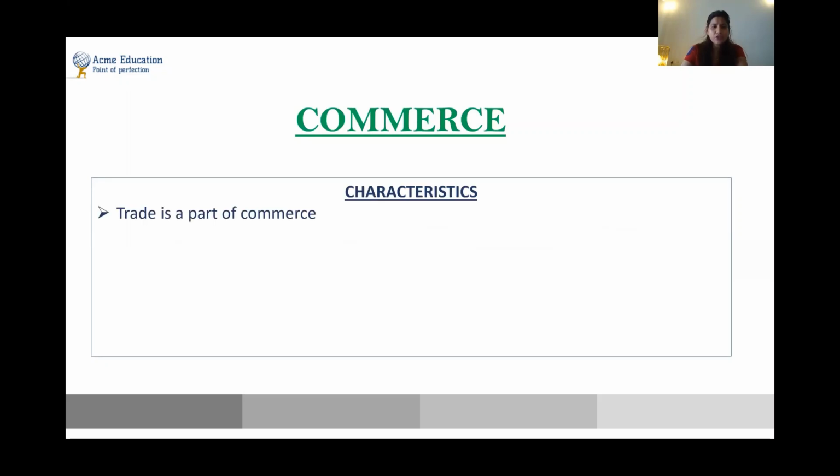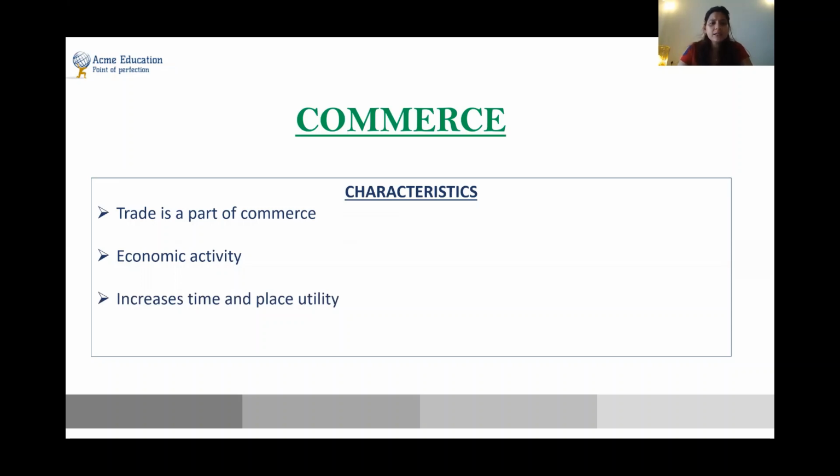Now we move to the characteristics of the commerce. So firstly, trading is a part of commerce, because trading is included in the commerce. Second is economic activity. Again, when you are providing any kind of service, you're getting money in return, so you're doing an economic activity.